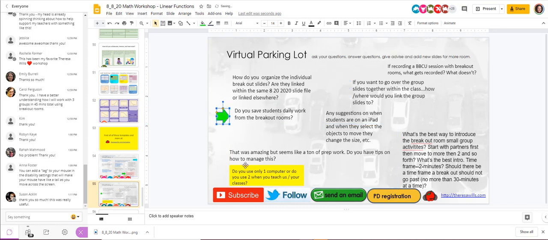Do you save students' daily work from the breakout rooms? I save a variety of things, but one thing I've noticed is you can very quickly save too much unnecessary technology. So I've started to get a little bit more purposeful about what it is that I save, and I've been using the term sandbox, which comes out of a fabulous book that was just released called Mathematize It.